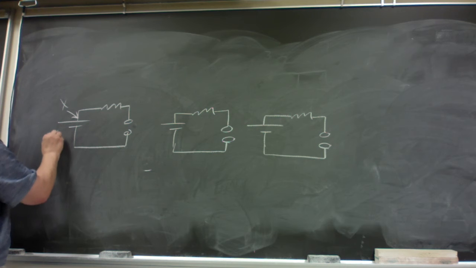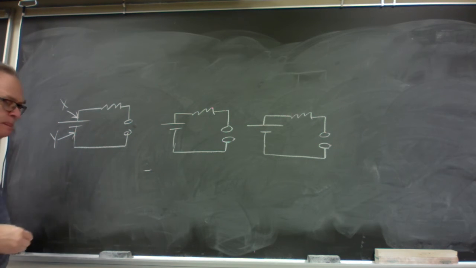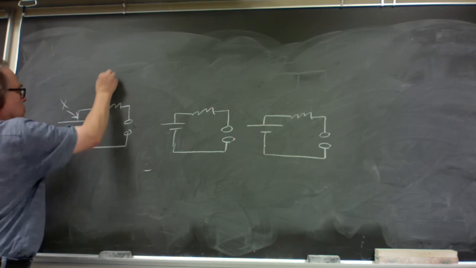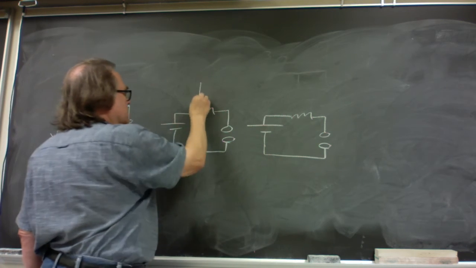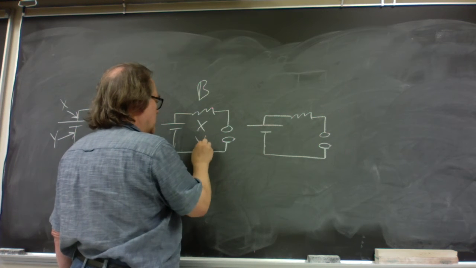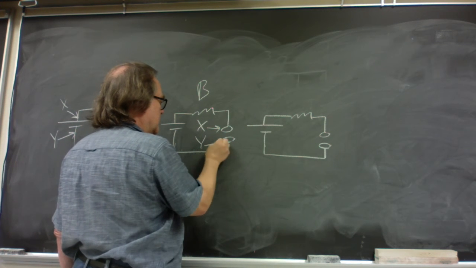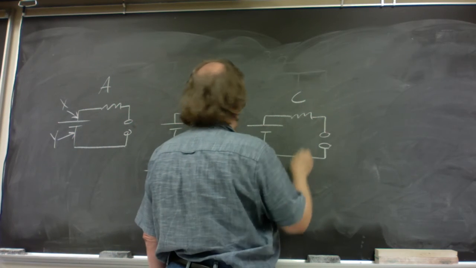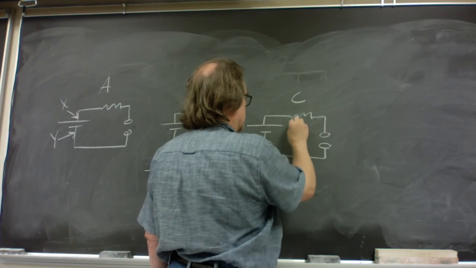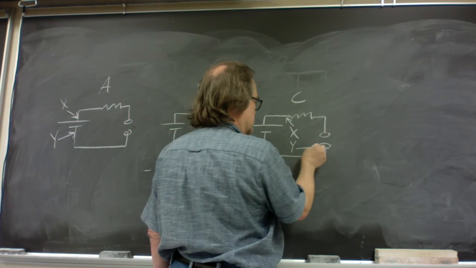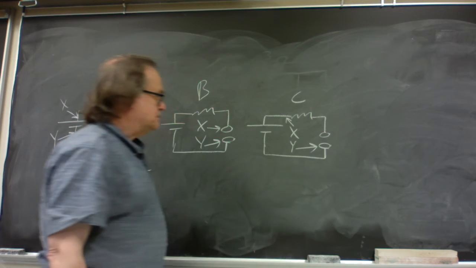Let's look at 2 points, X and Y, and we'll say X and Y are here and here for situation A, and for situation B we'll say X and Y are here and here, and then for situation C we'll say that X is here and Y is here.